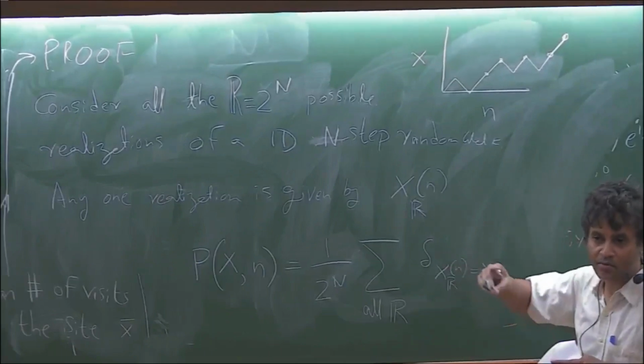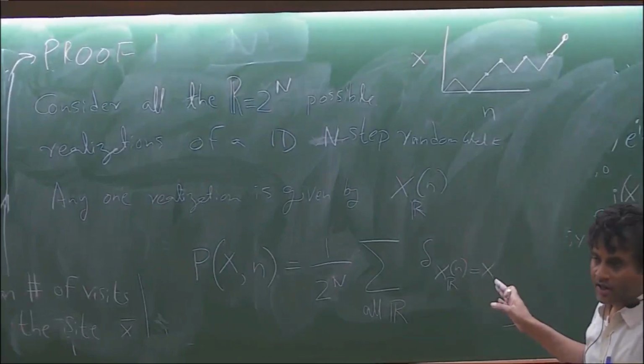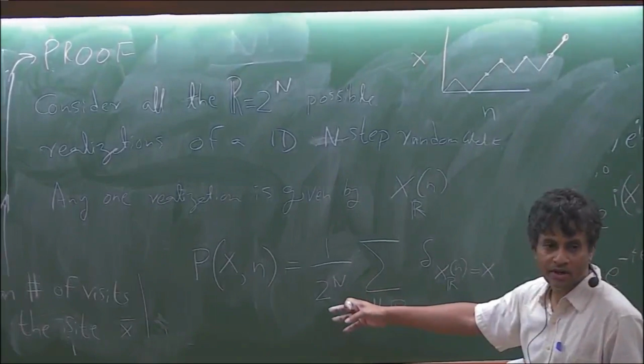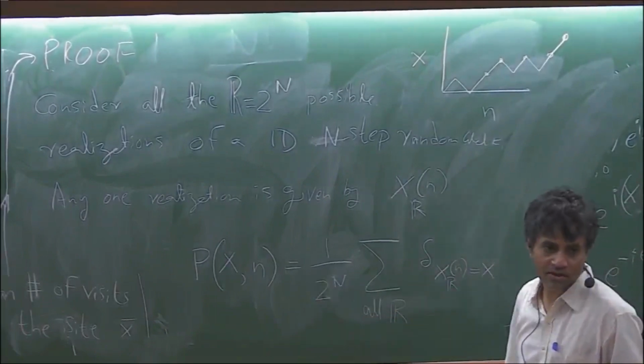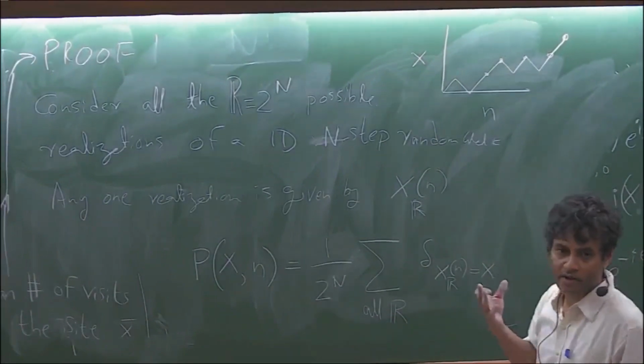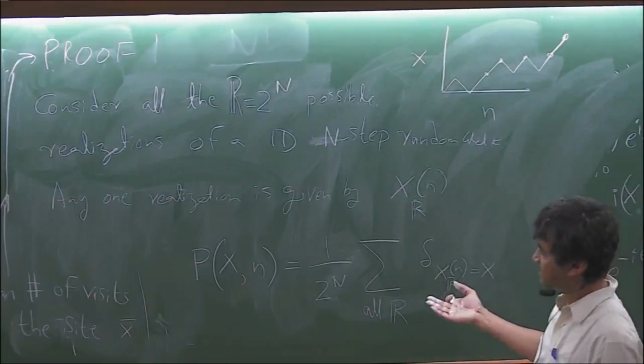I just sum up all those ones, and if I divide by the total number of realizations, I will get this probability. If you have done Monte Carlo simulations, this is exactly what you do.